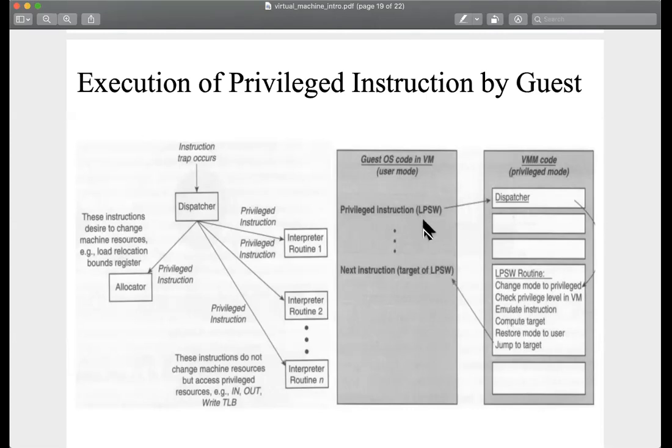In a normal physical machine, there would be a direct flow of control, and LPSW would result in a jump to the other instruction. But because now we are running in a virtual machine, we have to go through an emulated environment.